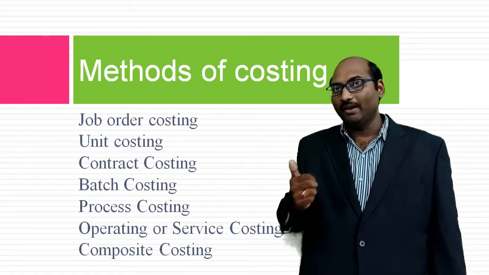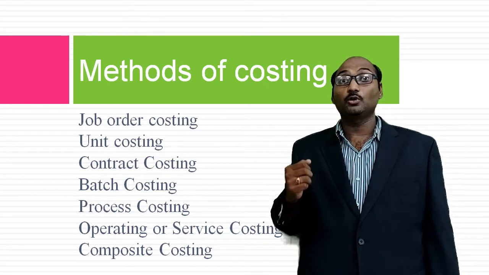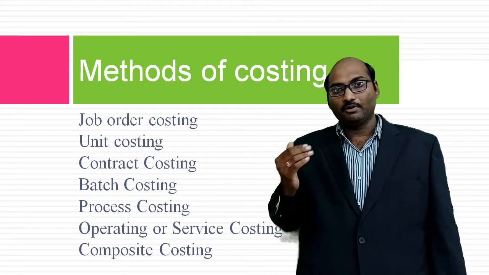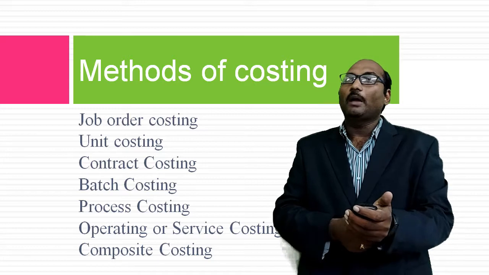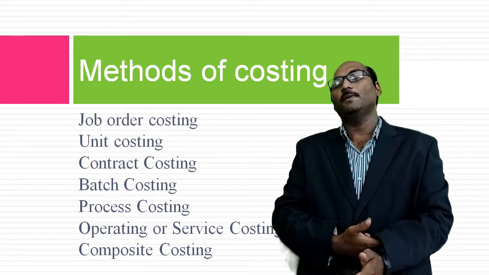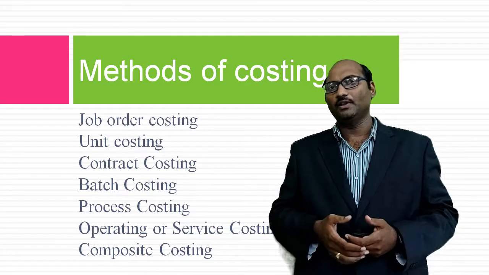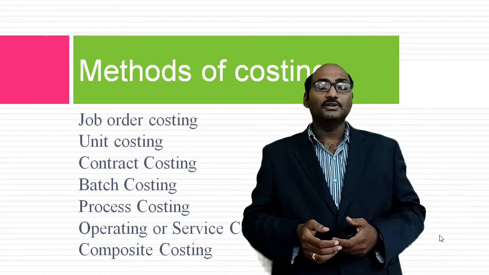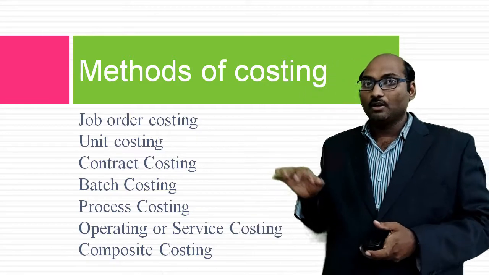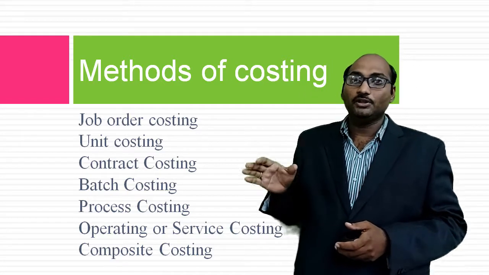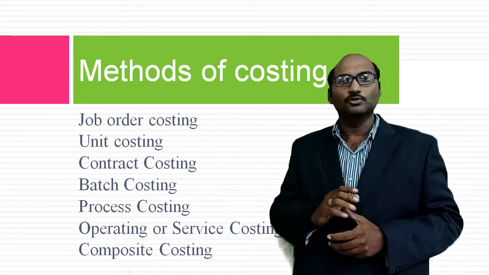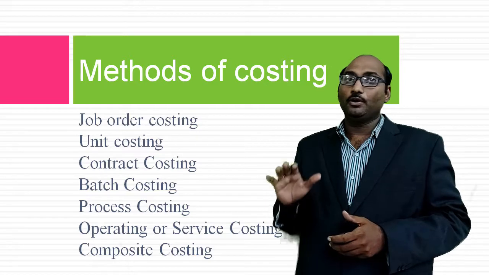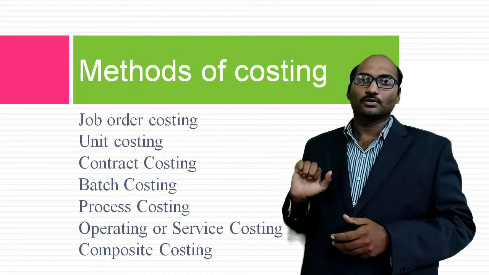There is no liability with respect to the raw material and not much investment. Whatever the machinery is, that will be the investment. Apart from the machinery, they will be paying for the direct labor and other things. But they can calculate how much the cost is on a per meter basis or per kg basis, as per the unit. I hope you reasonably understood what process costing is.